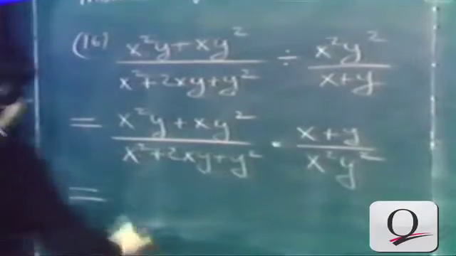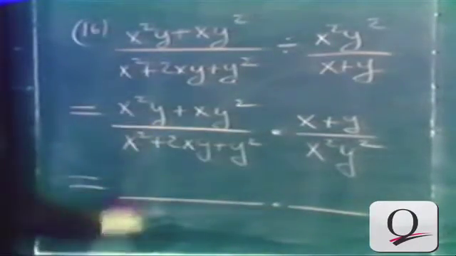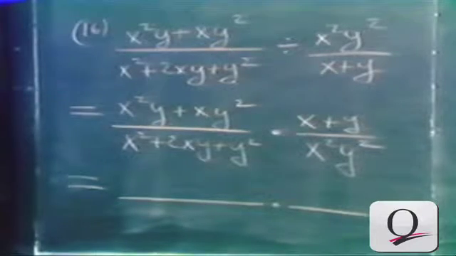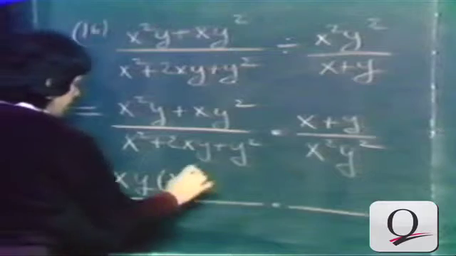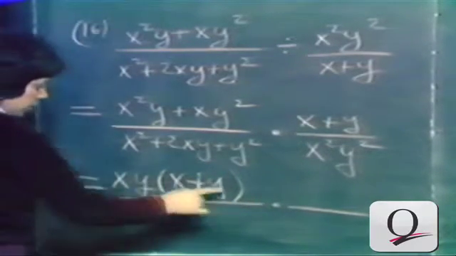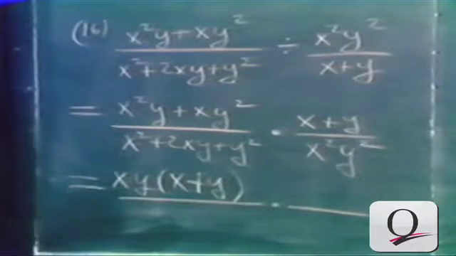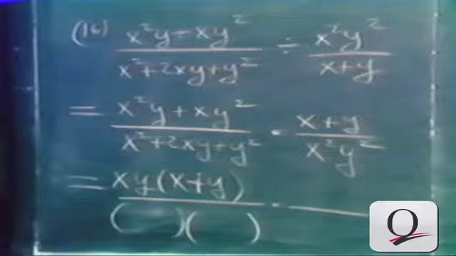Okay, now we'll try to factor. On the upper left here, we see that the common factor is x times y, leaving us with x plus y. You check this by multiplying x squared y plus xy squared. Downstairs, there is no common factor.